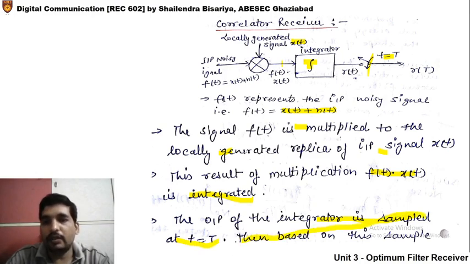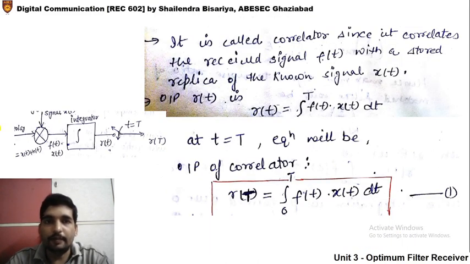Based on this sample, we determine the output r(T). So the expression is r(T) equal to the integral from 0 to T of f(t) x(t) dt. It is called a correlator since it correlates the received signal f(t) with a stored replica of the known signal x(t).